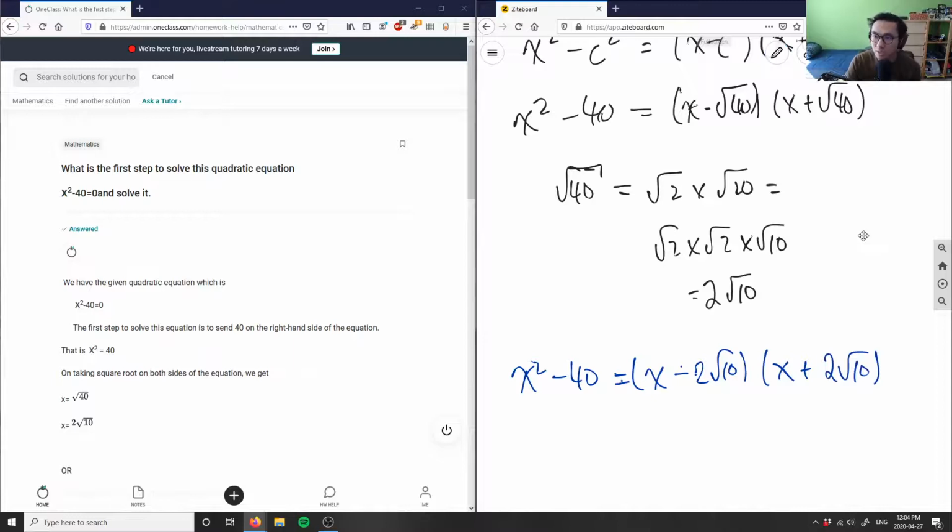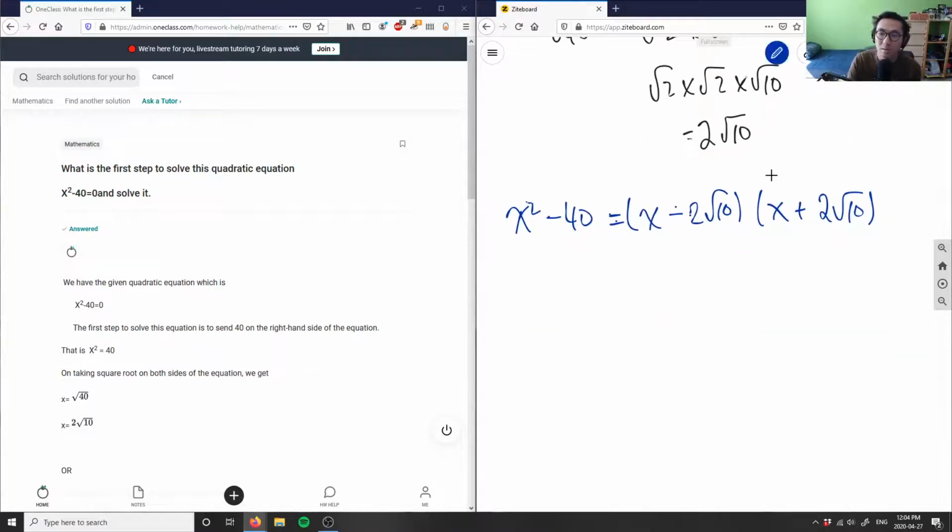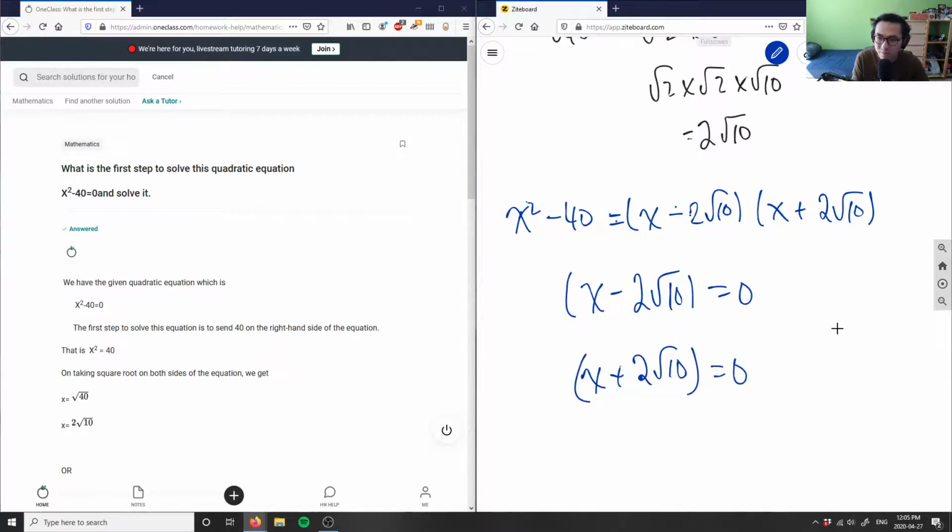Which equals 0. And then what I can do is set each factor to 0. So x minus 2 root 10 equals 0, and x plus 2 root 10 equals 0, and we realize that x has two solutions.